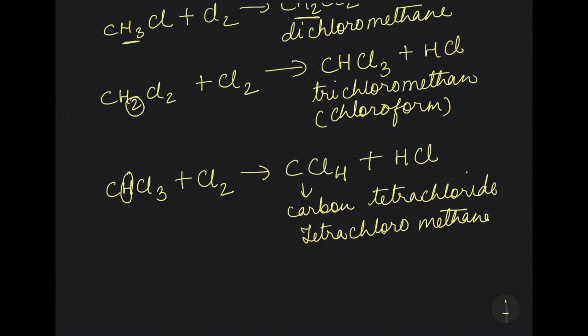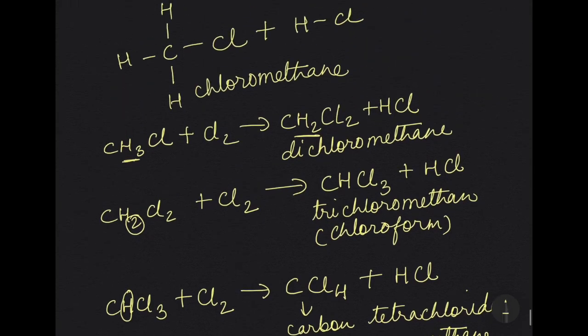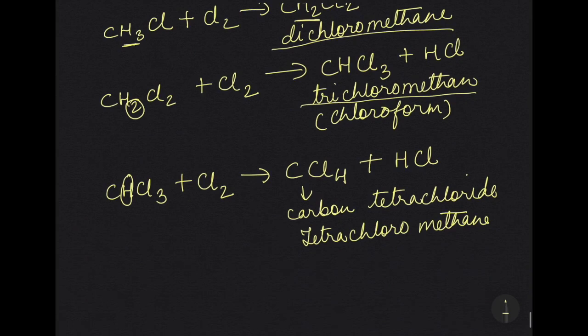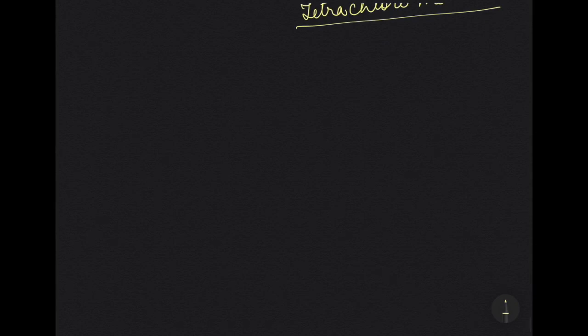Okay, and ethane also reacts with chlorine in the same way, producing, instead of chloromethane, it will become chloroethane, dichloroethane, trichloroethane, okay, tetrachloroethane. So you can see how ethane reacts with chlorine.